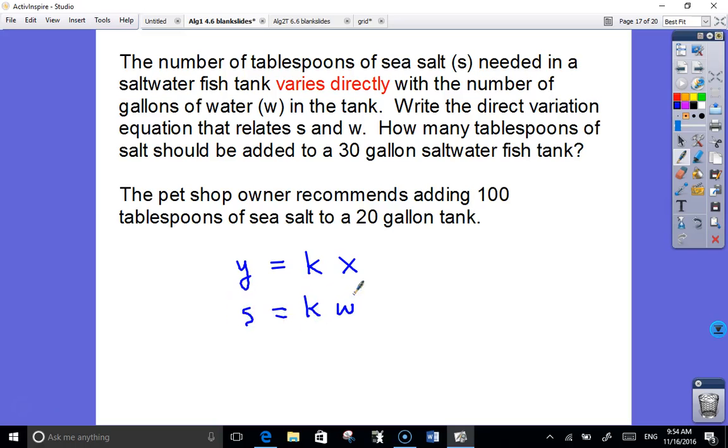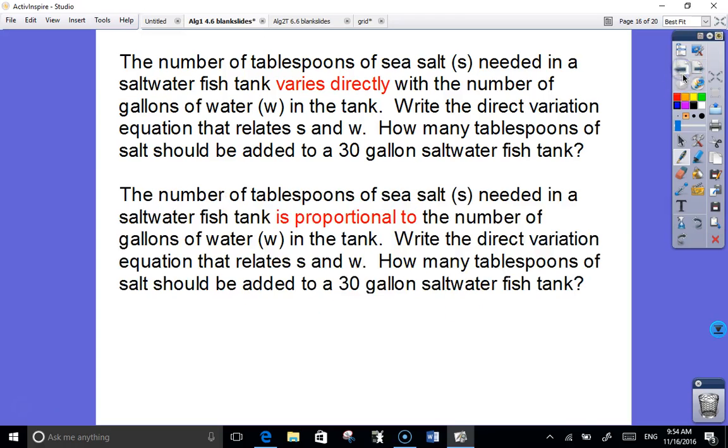Okay? So now for our constant, remember, if the w is like the x, then this is our point, 20 comma 100. So what is the constant? K equals, remember how we just did on the last one?